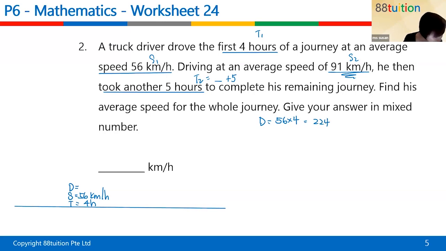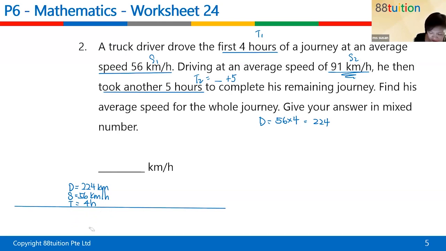To find D is simple, D = S times T, 56 multiplied by 4. That will give you 224. So the distance will be 224 kilometers. Now the scenario is, if the distance is 224 kilometers and the time taken now is 5 hours longer. Driving at a speed, he took another 5 hours.